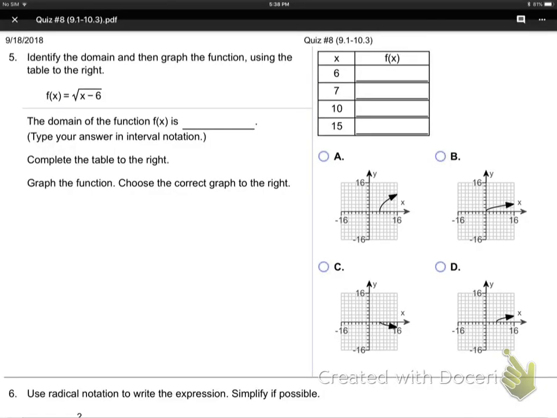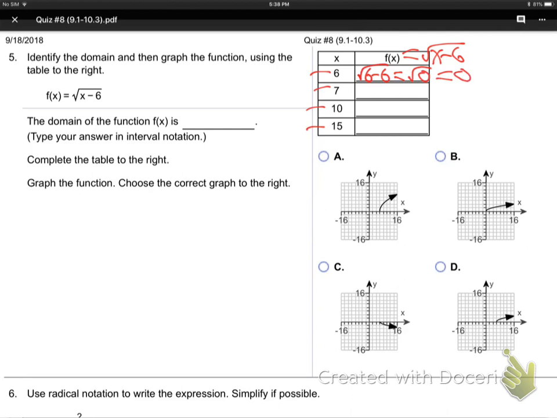Okay, so we have this function, square root of x minus 6. They want us, so I'm going to put it over here, f of x equals square root of x minus 6. They want us to plug in 6, 7, 10, and 15. So if we plug in 6, we get the square root of 6 minus 6, which is the square root of 0, which is 0.